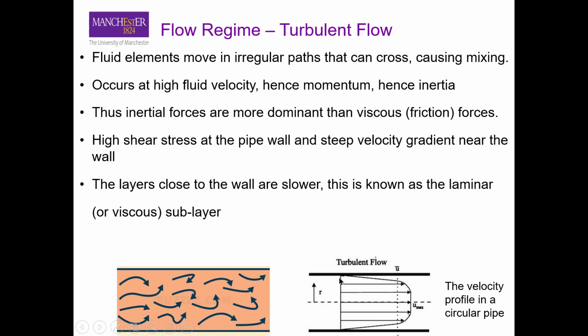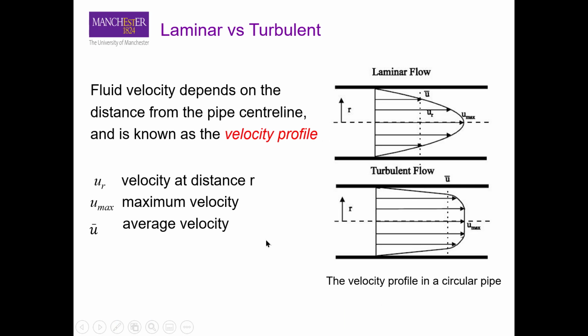At the wall, again, you have no velocity because of the non-slip condition, and then you have a very steep increase in velocity as you go slightly away from the wall because of this turbulence or intermixing. Okay, so the velocity profile, as I showed you in the previous slide as well, depends on the distance from the pipe center line, and shows the velocity of different fluid layers at different points in the radius, for example.